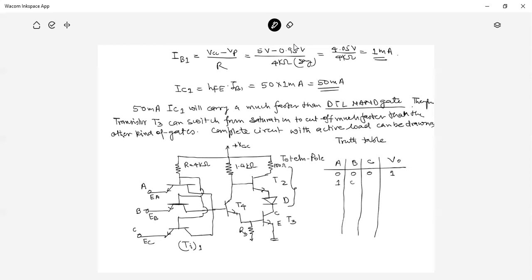This is 1, 0, 0, 1; 0, 1, 0, 1; 0, 0, 1, 1; 1, 1, 0, 1; 1, 0, 1, 1; 0, 1, 1, 1; and the last one, 1, 1, 1, is 0.